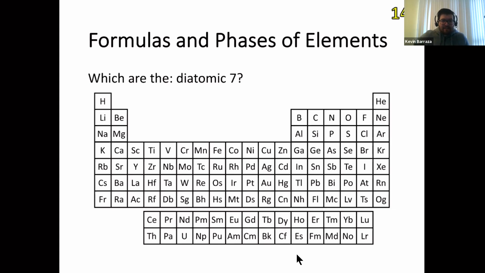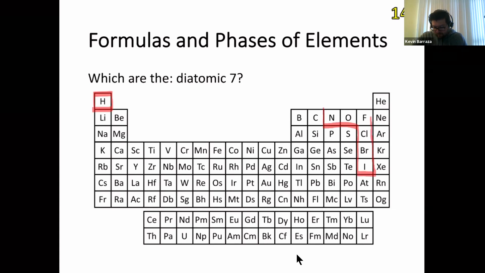So the diatomic 7, we need to remember which ones those are. So remember that diatomic 7 means the phase and the particle that we have at room temperature here on Earth. And so we remind ourselves that's going to be hydrogen, and then the 7.